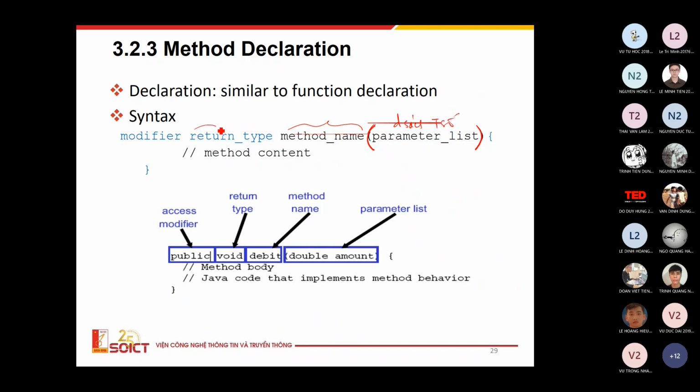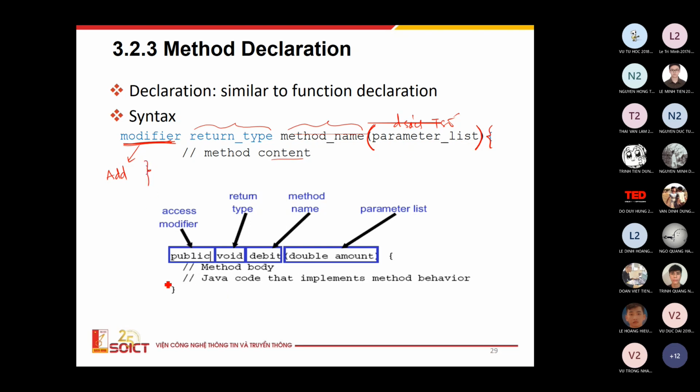And you have the return type of this method, the same as when you declare a function or a method normally. But again, you have to add the modifier at the beginning. Remember to add it. And inside the code block, you will have the content of this method, the same way. Just remember to add the modifier.